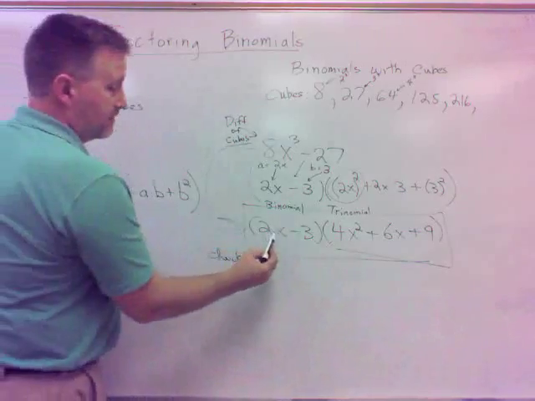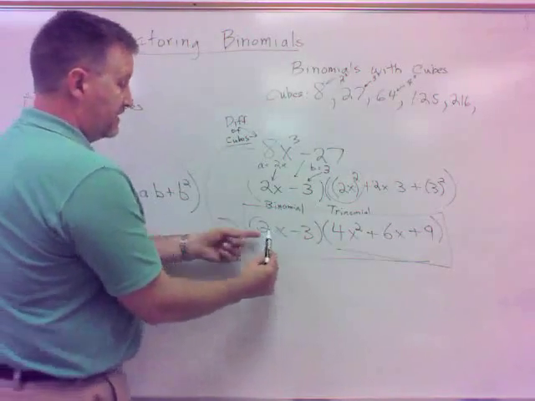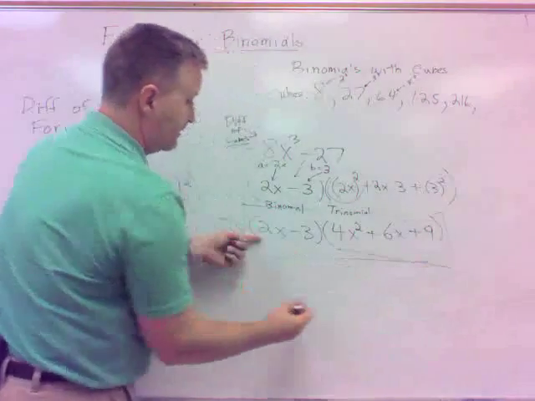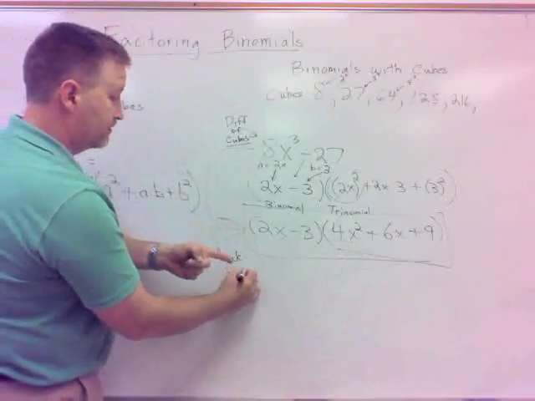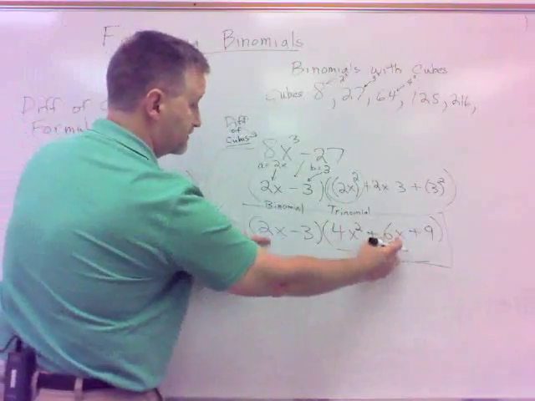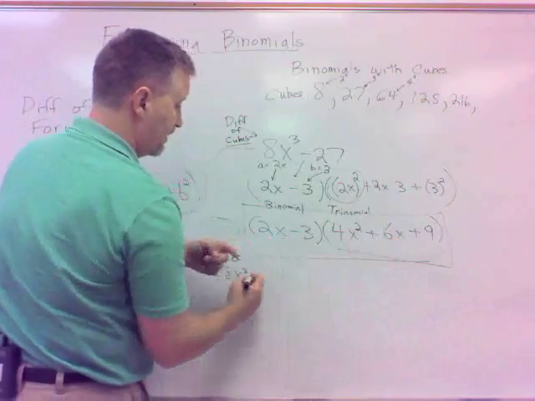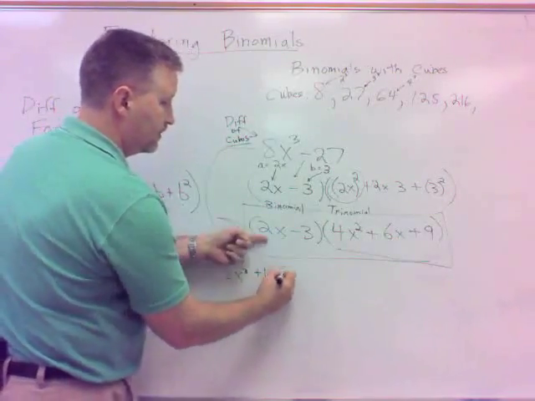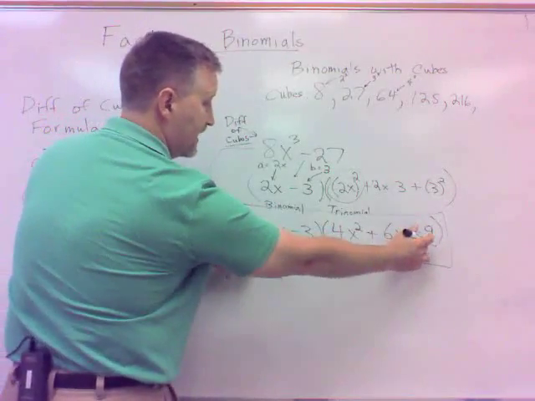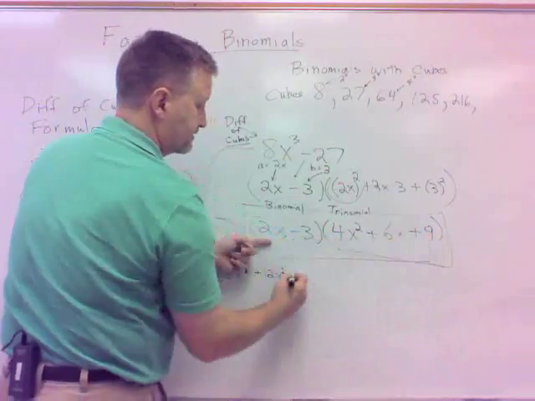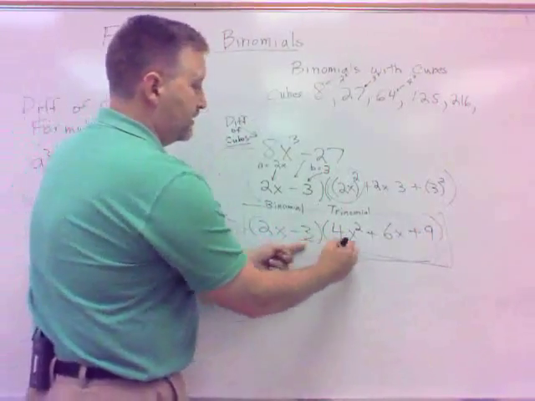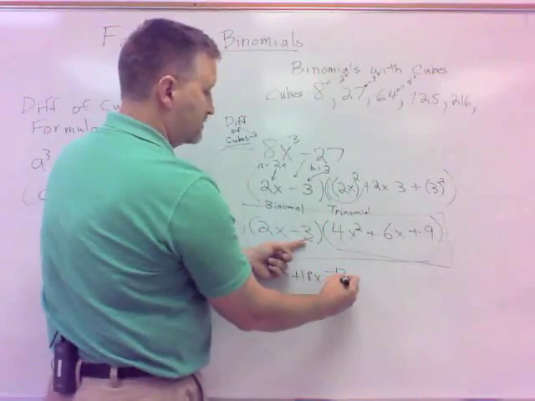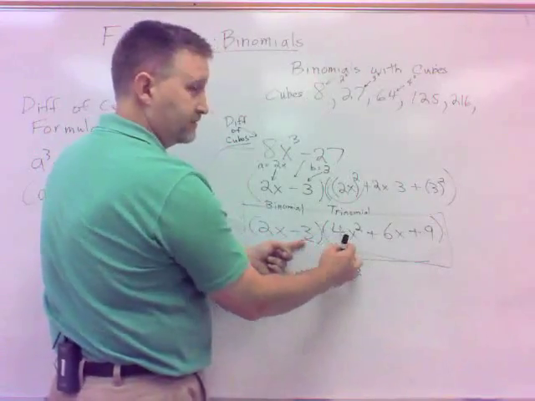If I check that, in other words, multiply this back out, take this 2x times these 3 here, that would give me what? 2x times 4x squared would be 8x cubed. 2x times 6x, that would be 12x squared. And then 2x times 9 is 18x positive. Then take the minus 3 times all 3, so that would be minus 12x squared, minus 3 times 4x squared.